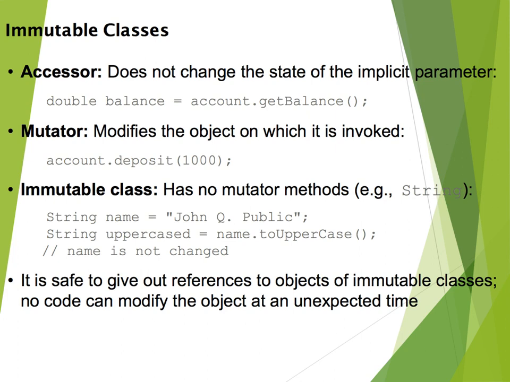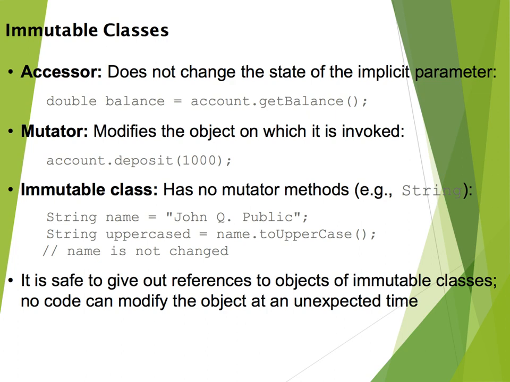This is how deposit should work, right? And then obviously, since it modifies the state of an implicit parameter in the class, it's not an accessor, it's called a mutator. So if a class has no mutator method, it is called an immutable class.